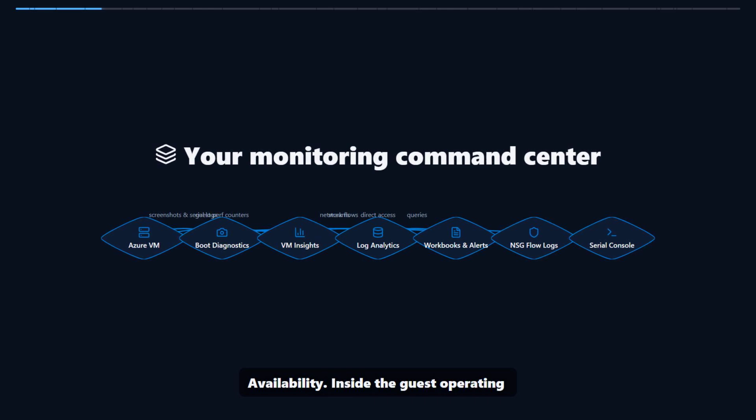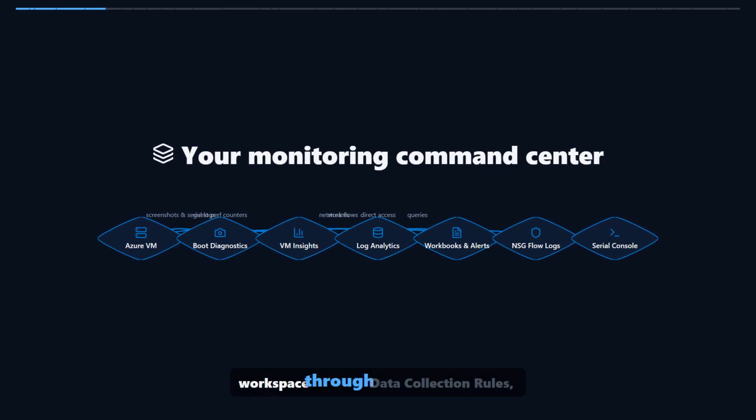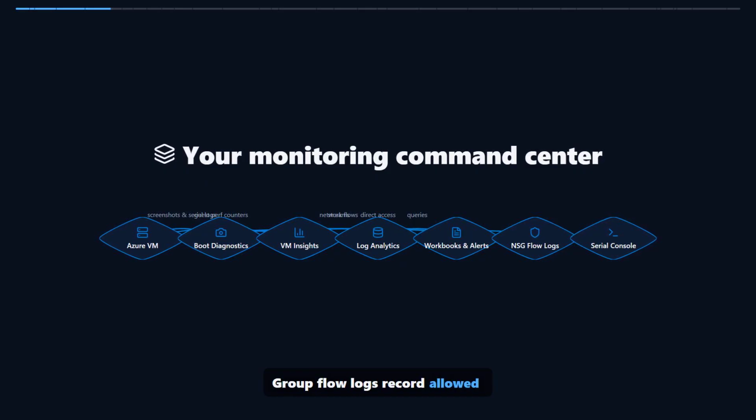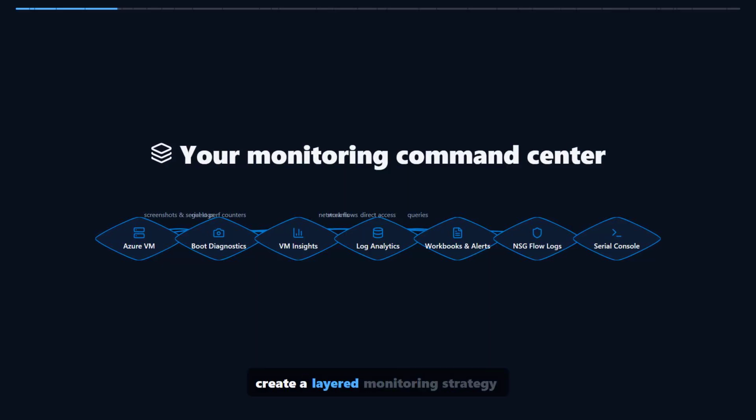Inside the guest operating system, the Azure Monitor agent gathers performance counters and sends them to a log analytics workspace through data collection rules, which define exactly what information should be collected. Network security group flow logs record allowed and denied network traffic, while the serial console provides direct access when RDP or SSH isn't available. Together, these services create a layered monitoring strategy that helps you detect, diagnose, and resolve problems before they become outages.